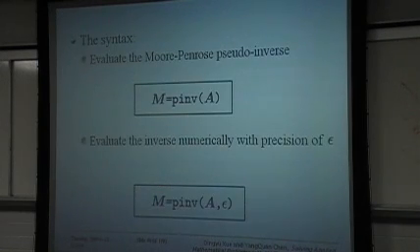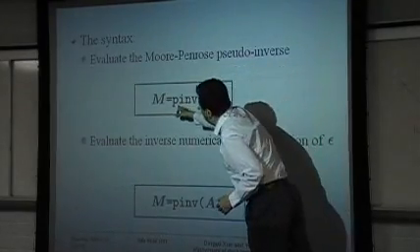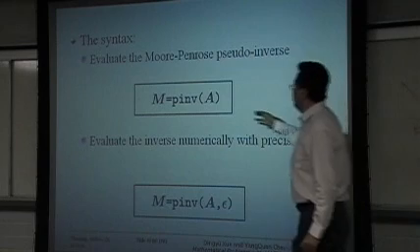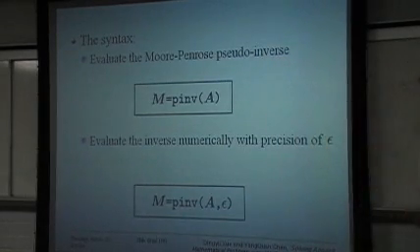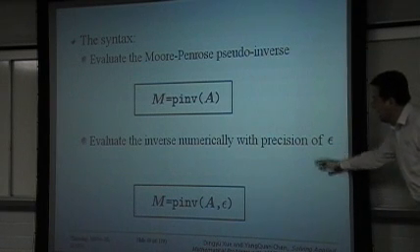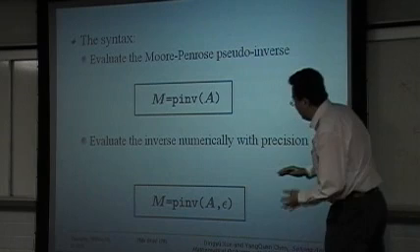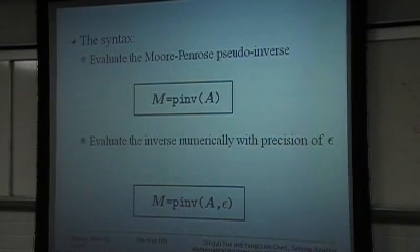In Matlab, finding the pseudo-inverse matrix is quite simple. We just put a p there, meaning pseudo. Then we can find the pseudo-inverse of the matrix. And in numerical computation, sometimes we need to put a precision requirement or error tolerance epsilon there.